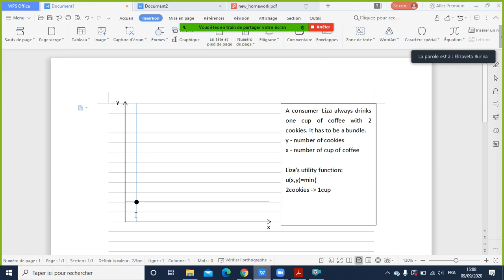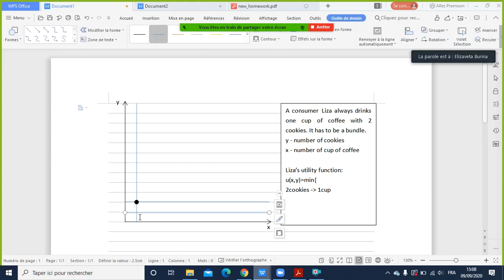Because what I have here, for example, if I want to find this dot, does this dot belong to the graph? Okay, this dot here. It does not, because I'm not consuming anything. I'm consuming 0 if I only have 1 cookie, right?